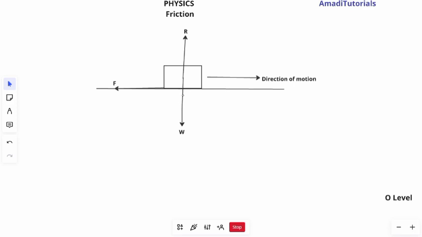Now, as it's resting here, there is a force acting downward, and that force is the weight of this block of wood, labeled W. Now, up here is R. R is called the reaction force.